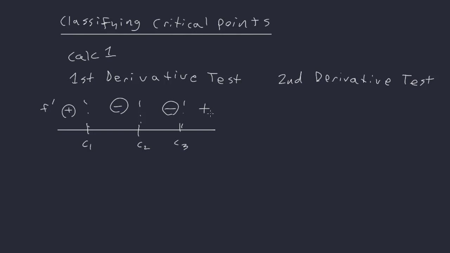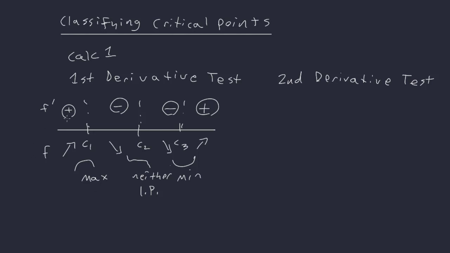Wherever it would change from, say, positive to negative, f would be changing from increasing to decreasing, so you would know that you had a max. If it changed from decreasing to increasing, you'd know that you had a min. And if it went from decreasing to decreasing or increasing to increasing, you knew you had neither. This is probably an inflection point.